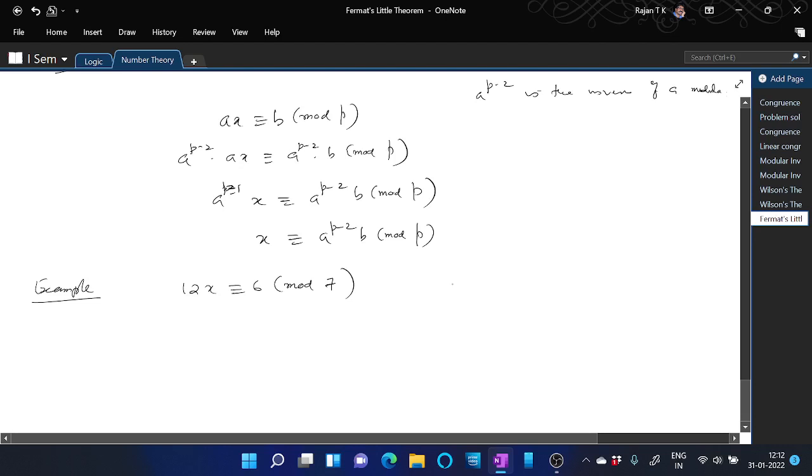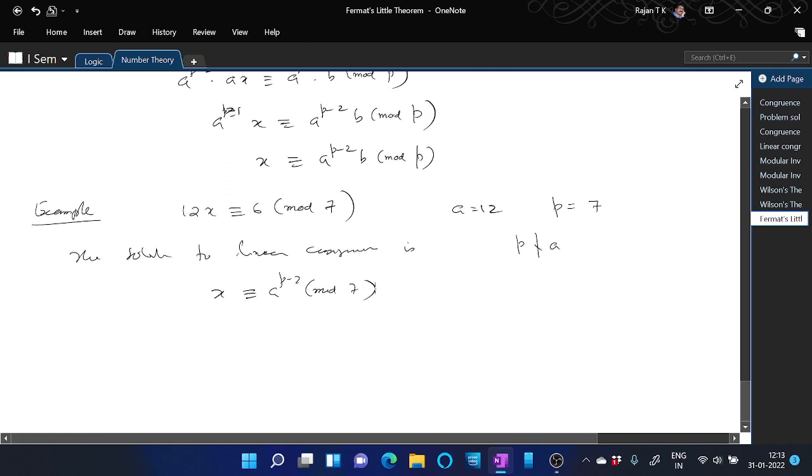Here a is 12, p is 7, and clearly p does not divide a, and therefore the solution is x congruent to a raised to p minus 2 b modulo p.